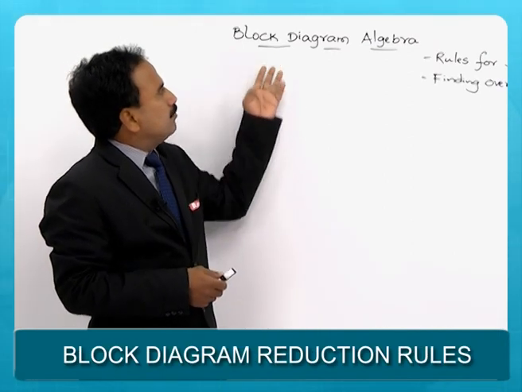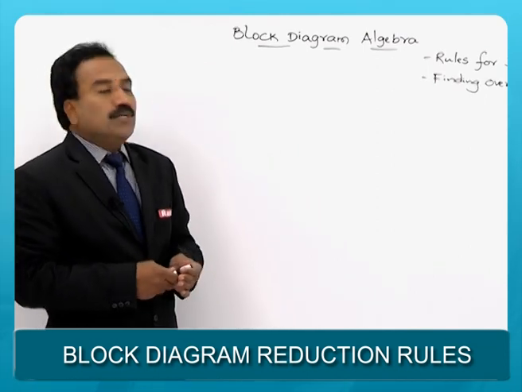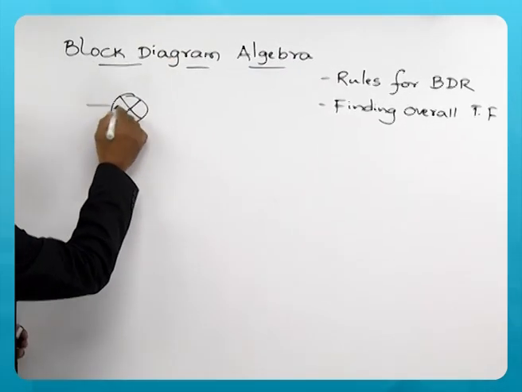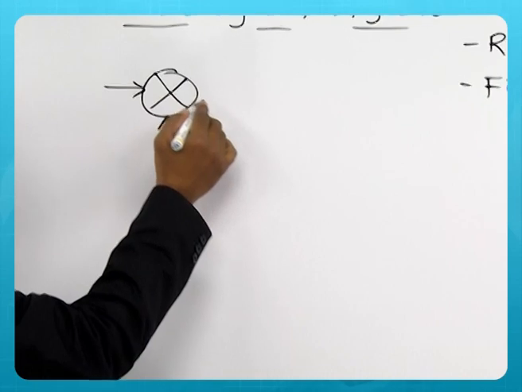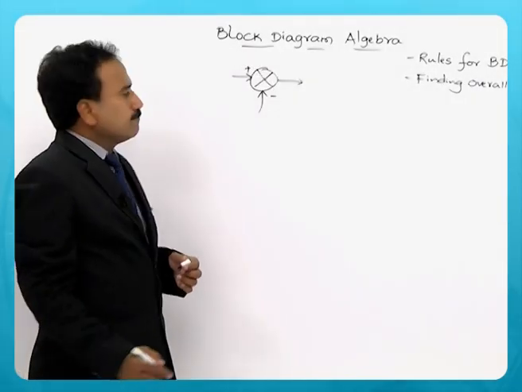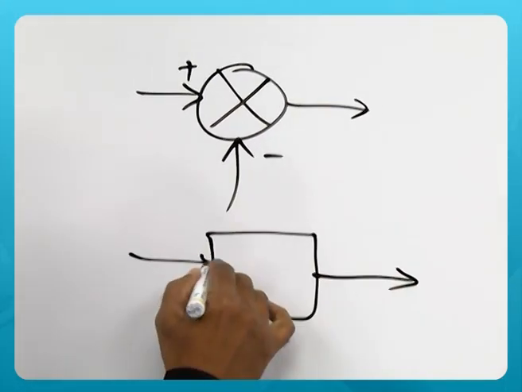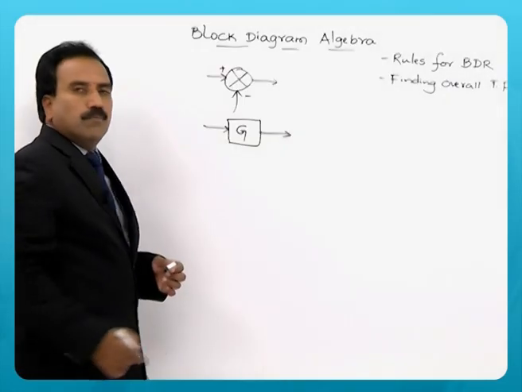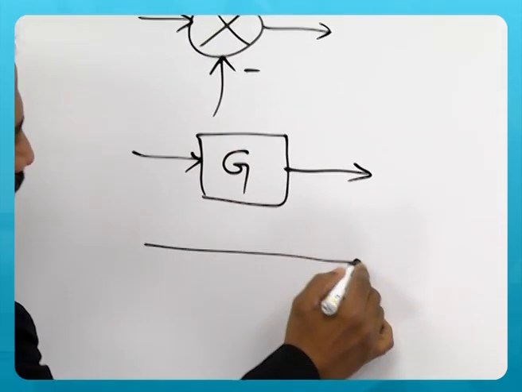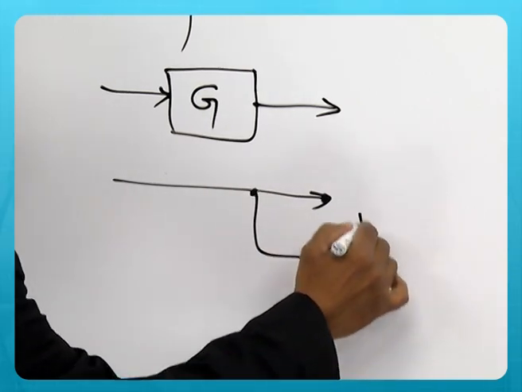So, a system can even be expressed by a block diagram, and the components of the block diagram are the summing point, the block, and the takeoff point.